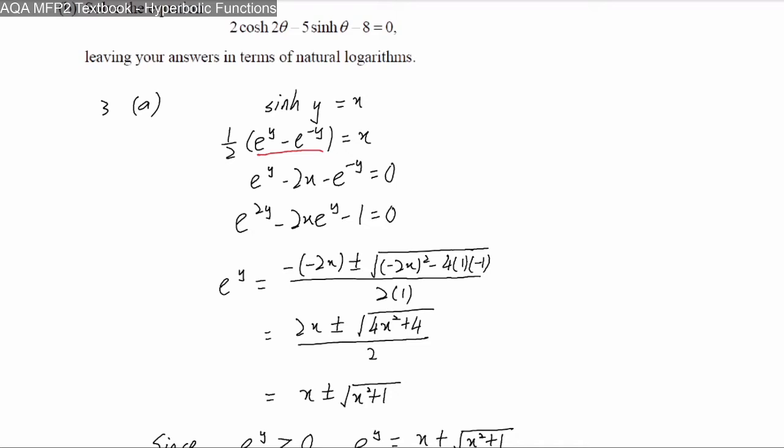From there, what we need to do is form a quadratic equation in terms of e to the power y. In this case, our variable is e to the power y, and from here we can use the quadratic formula to solve for e to the power y.